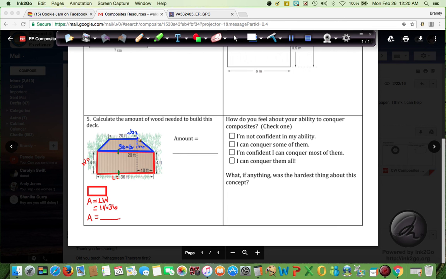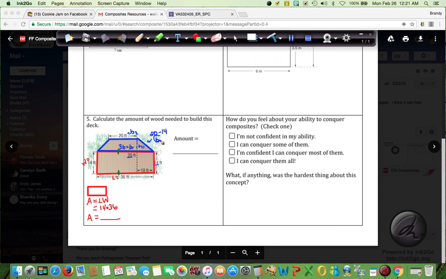To figure out what this height is, let's think about this. We have the whole thing from top to bottom, they told us was 20. We know the bottom piece is 14. So to figure this guy out, if we take 20 minus 14, and I'll go ahead and tell you, that's going to give me 6.